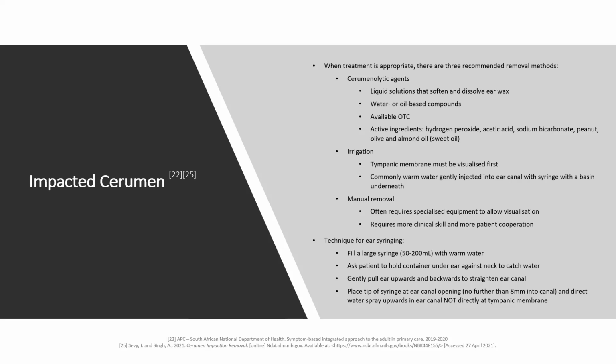Be careful not to inject the water against the tympanic membrane, but rather towards the superior part, the roof of the ear canal, to gently get out the cerumen and not cause further trauma.